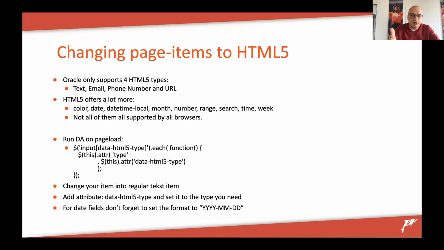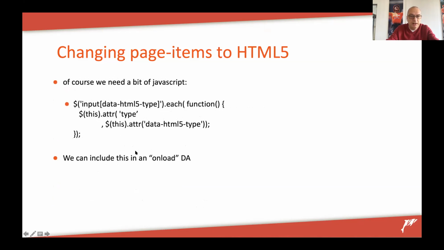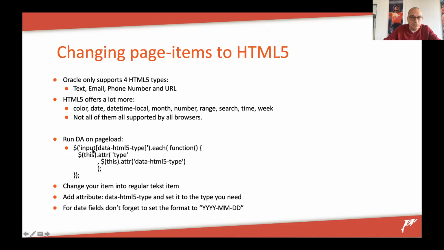So I can run a dynamic action on page load that says, well, for all input elements that have the data attribute data-html5-type, and for each of them, change the type into what is in that data-html5-type. So in the first line, I select all the input elements that have the data attribute data-html5-type.